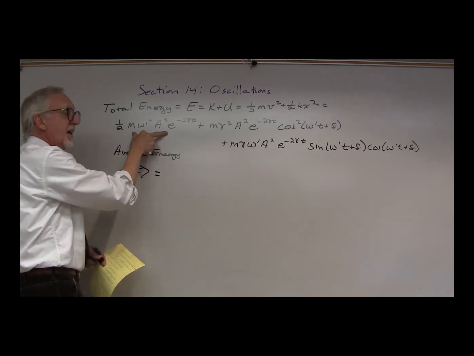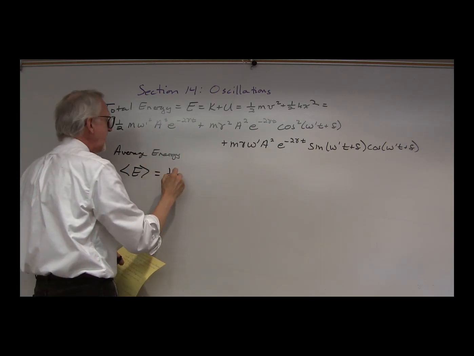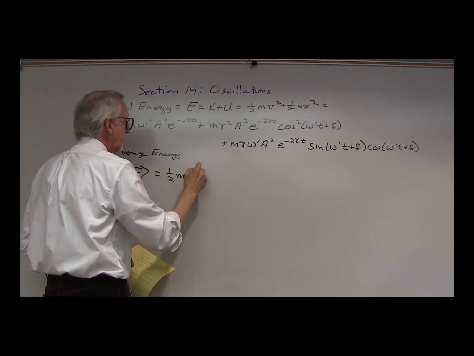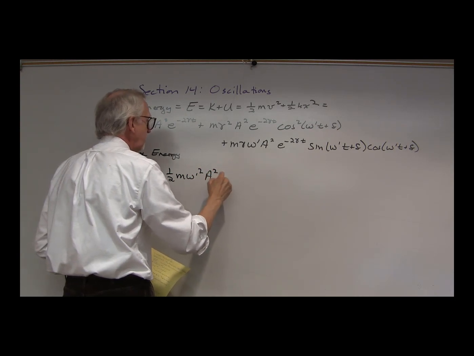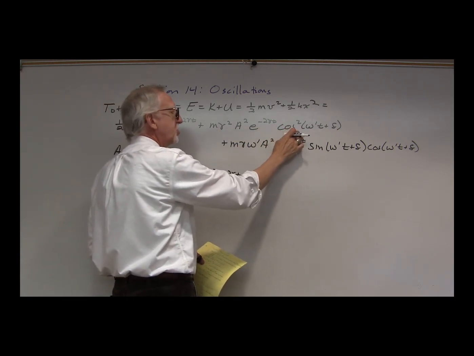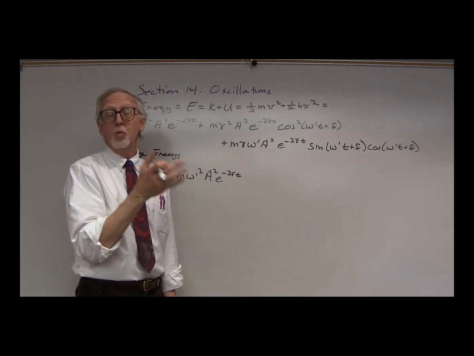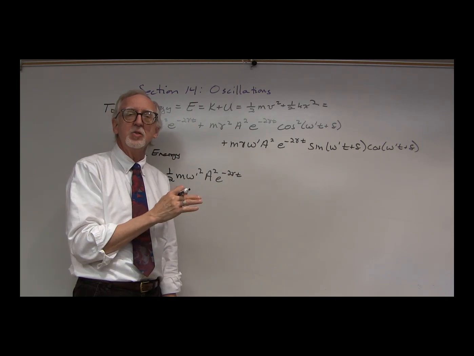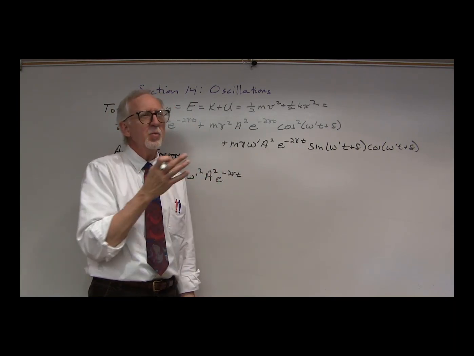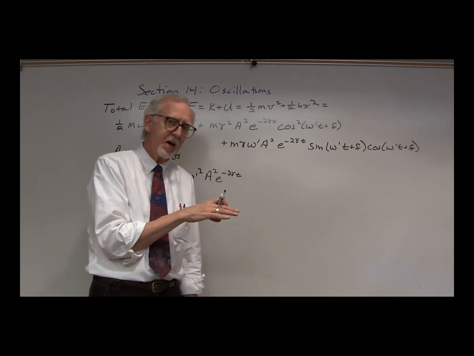Okay, well this does not oscillate, it doesn't have a sine or cosine term, so that's just going to give us a 1/2 m omega prime squared a squared e to the minus 2 gamma t. Then we've got a cos squared term. What's the average of cos squared? Well, we know that cos squared plus sine squared equals 1, and we could guess that the average of a cos squared should be the same as the average of a sine squared.